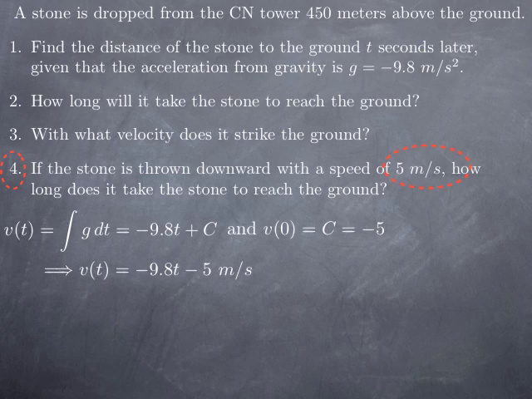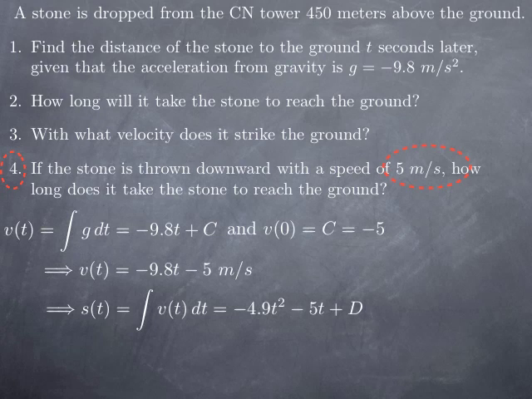Now this is the rate of change of position, so the position is now an antiderivative of the velocity. That gives us negative 4.9 t squared minus 5t plus some constant. To get this constant, we look at the initial position. At time t equals 0, we are at the top of the tower, so 450 meters above ground.